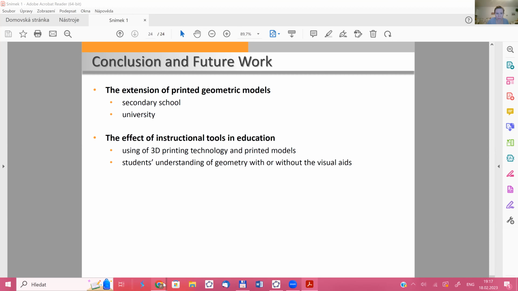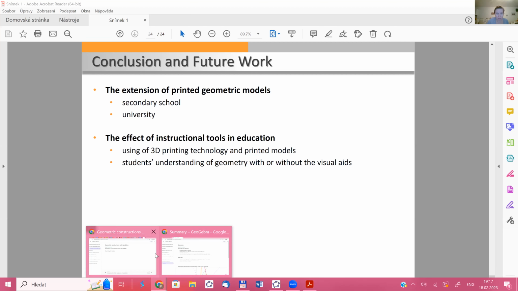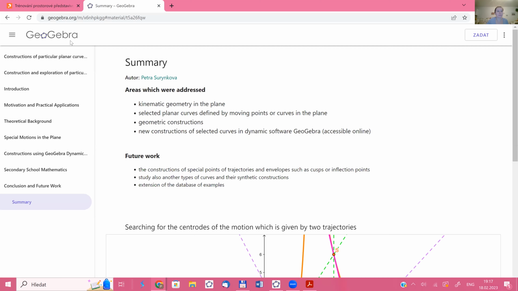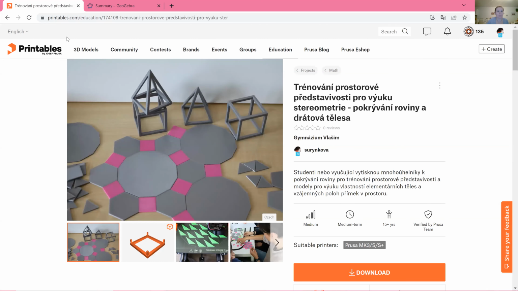I will also show you some pictures of how we are working with my students, and I can share with you the link for the project we were preparing. I will send it maybe to the chat, and anytime you can download the files for 3D printing.